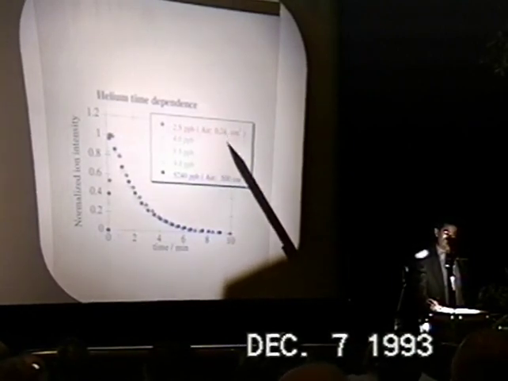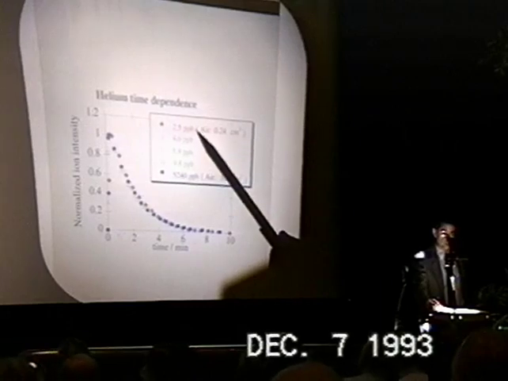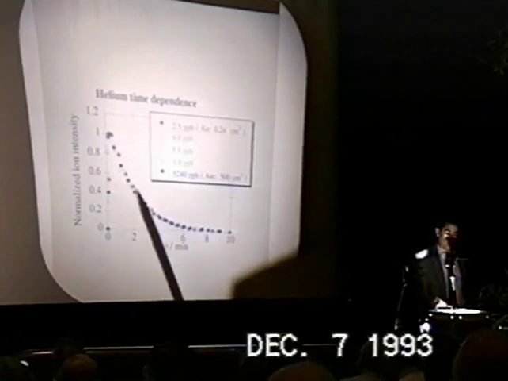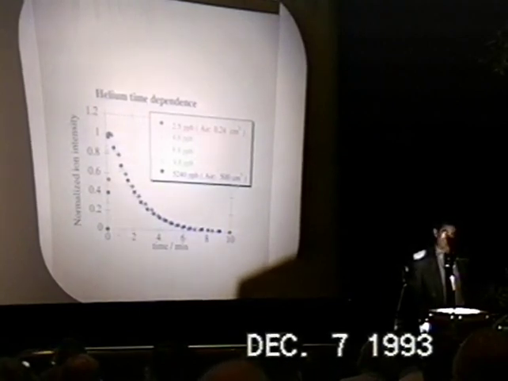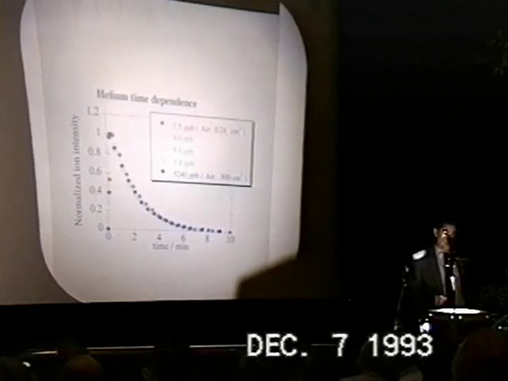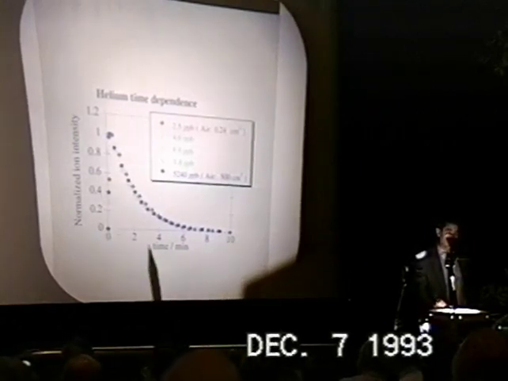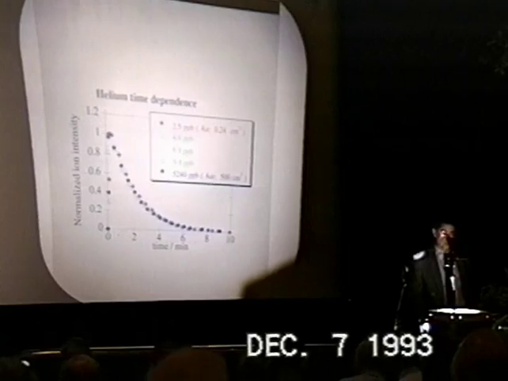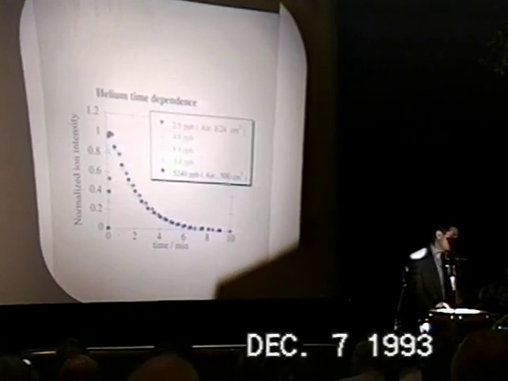And you can see here that between the ppb and the ppm range, we do have a good superposition of the helium time dependence, so that it's possible to measure either the integral or the maximum peak. Actually, for a large portion of the experiment, we did it both ways, and the difference was within 2 or 3%, something like that.